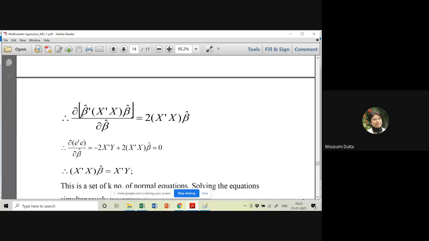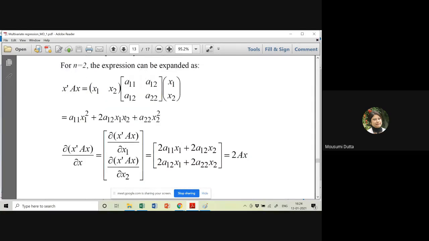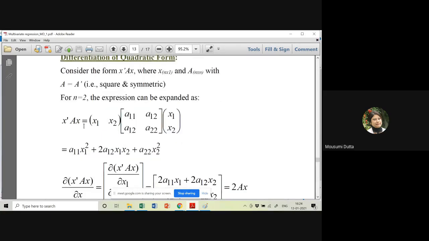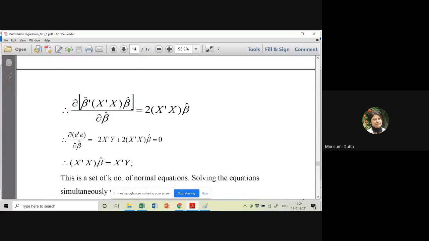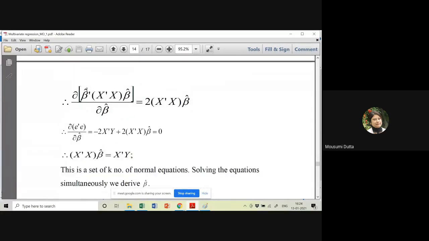And this is pre-multiplied with beta hat prime and post-multiplied with beta hat, like the earlier case. Here I'm considering a similar context, pre-multiplying the symmetric square matrix with x prime and post-multiplying it by x. Here also the same thing, pre-multiplying it by beta hat prime, post-multiplying it by beta hat.